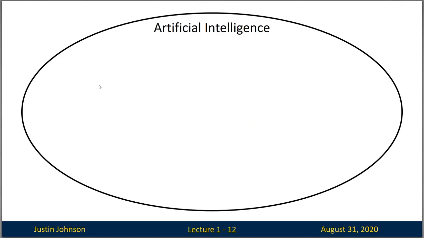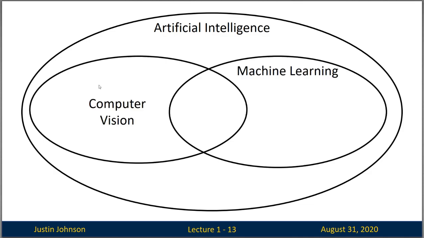So first I want to clarify a bit about these concepts of artificial intelligence, machine learning, and so on. So artificial intelligence usually is the overarching concept that includes all kind of decision making that a computer has been trained to do. And then machine learning and computer vision are often considered as subfields of artificial intelligence.